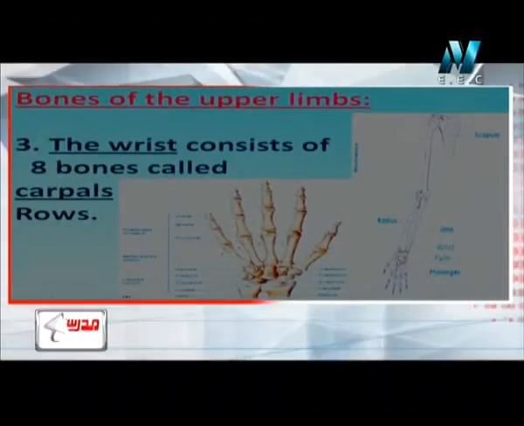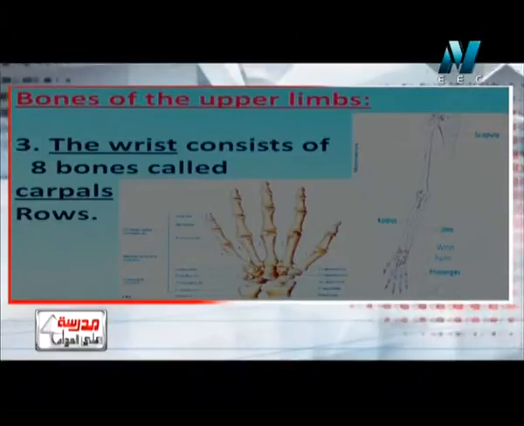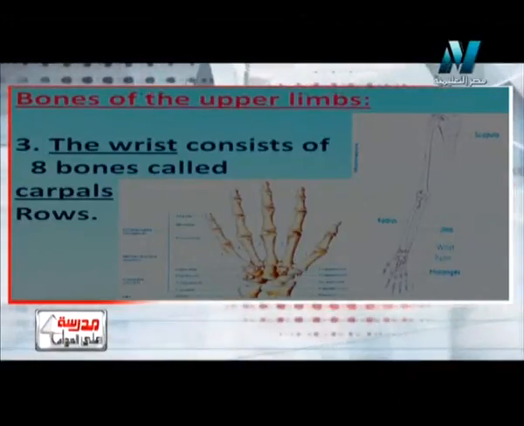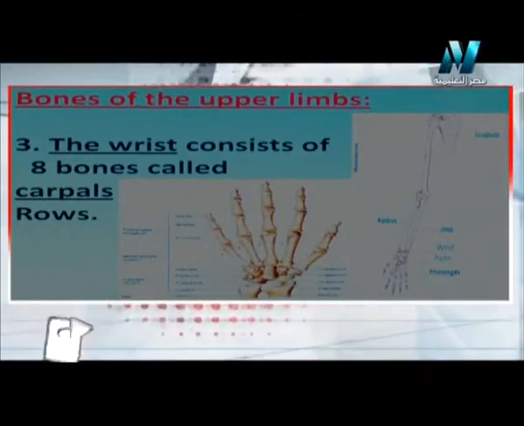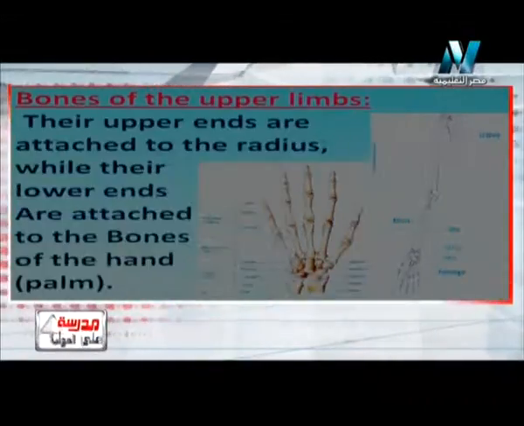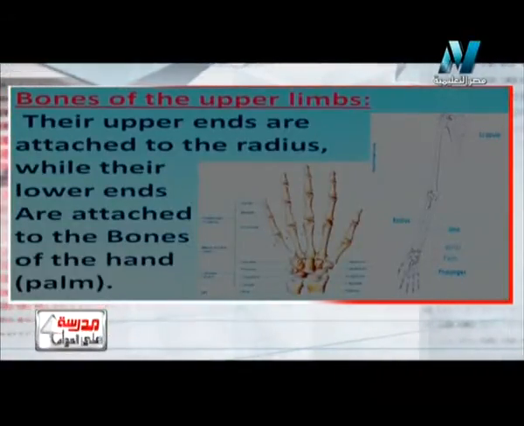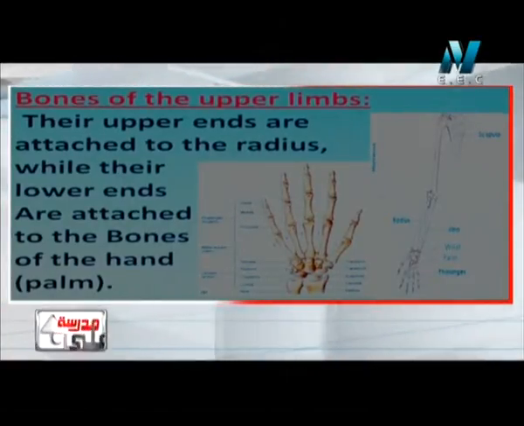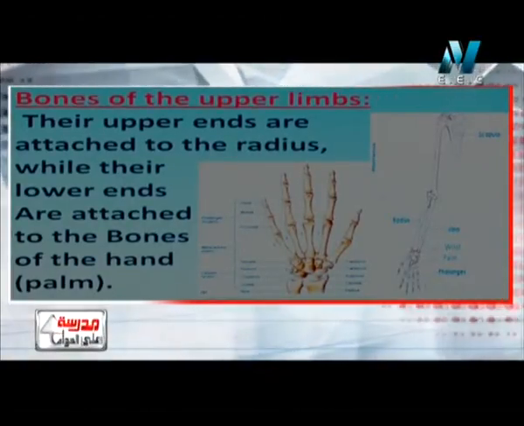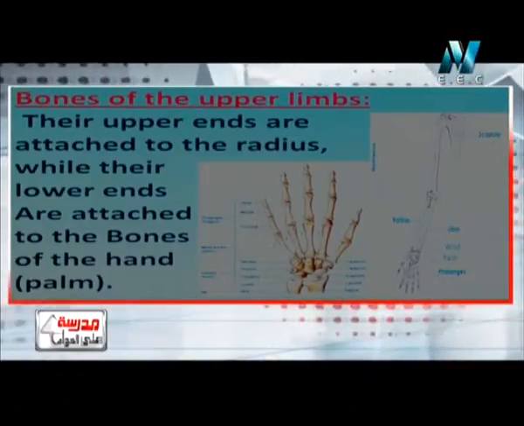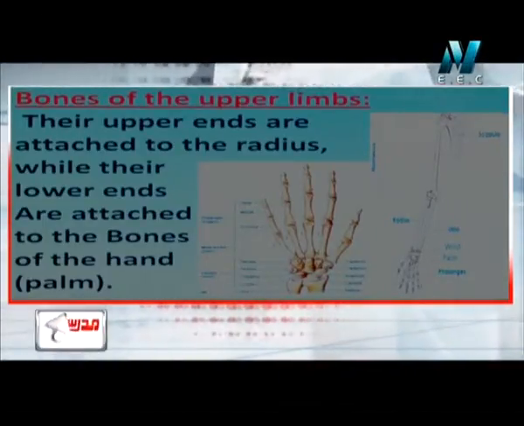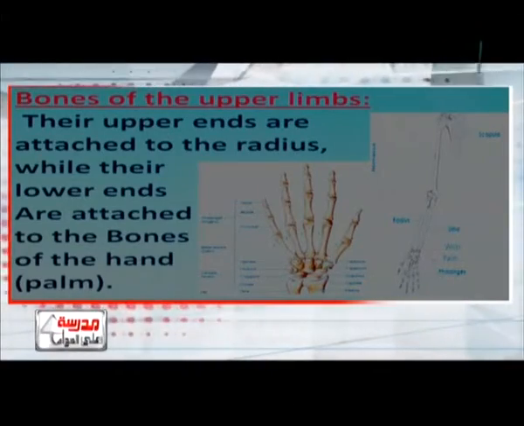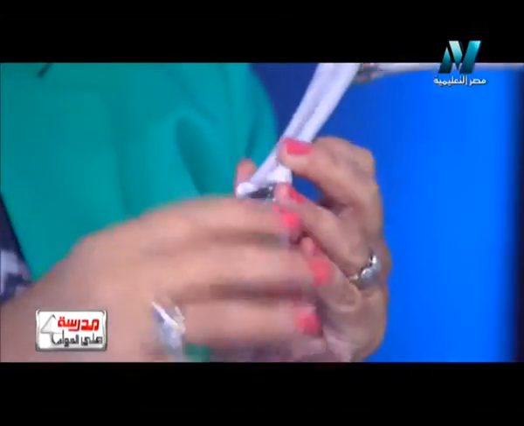They are found in 2 rows. As you look at the picture, here, this is the wrist. They are arranged in 2 rows. Their upper ends are attached to the radius, and the lower ends are attached to the bones of the palm.